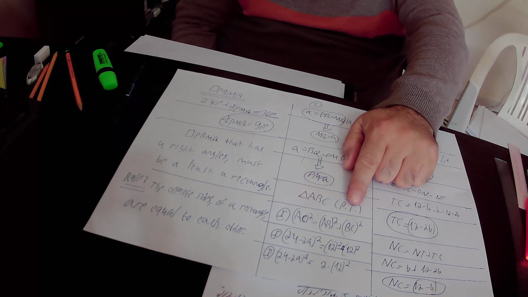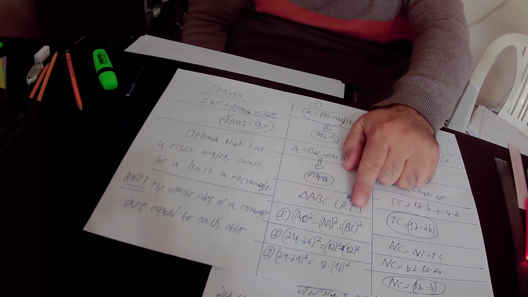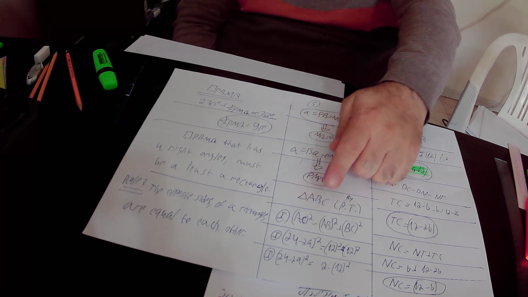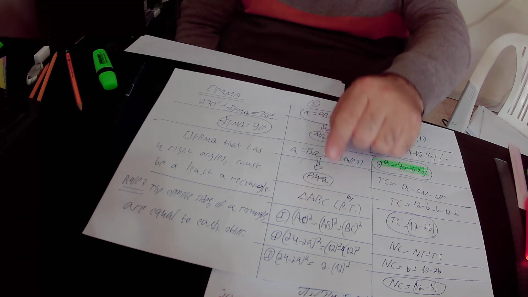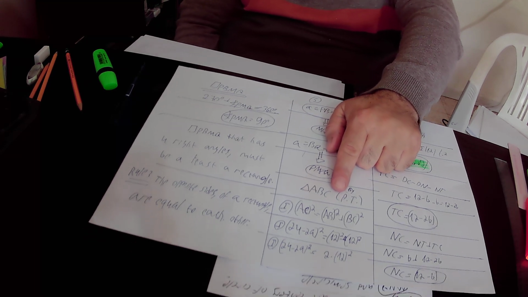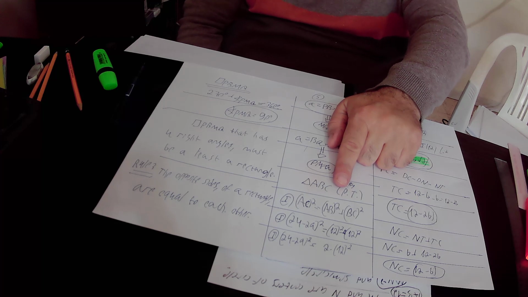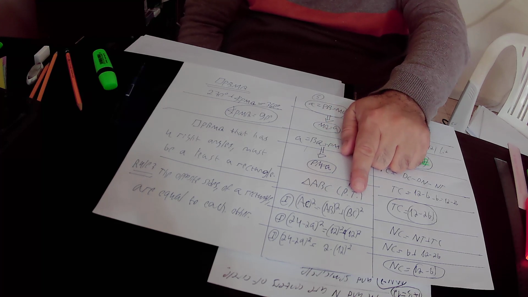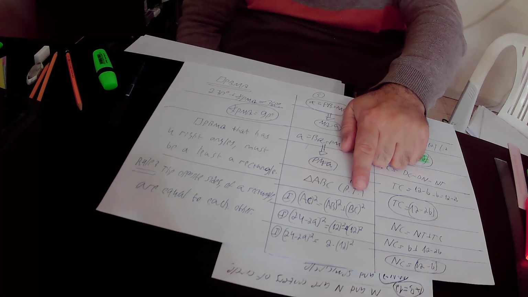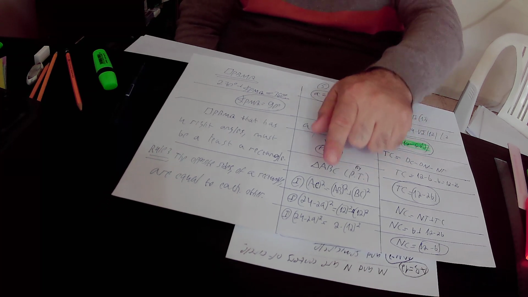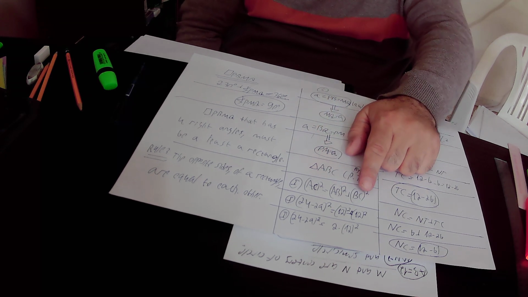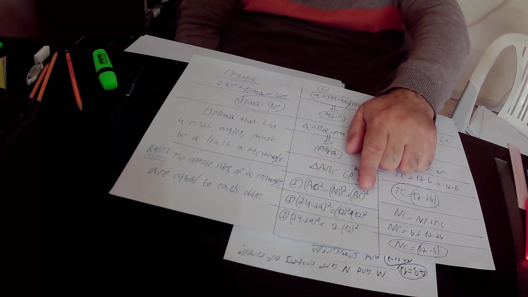We have already found out that AC equals 24 minus 2A, so AC square is (24 minus 2A) square, and it equals AB square. AB is 12, so AB square is 12 square, plus BC square. BC is also 12, so BC square will also equal 12 square. So we got that, according to equation number 1, (24 minus 2A) square equals 12 square plus 12 square, which is 2 times 12 square.